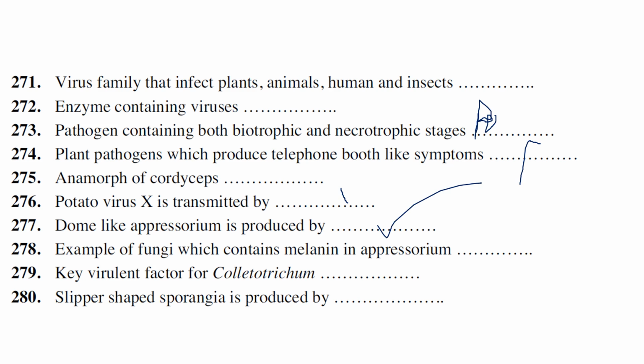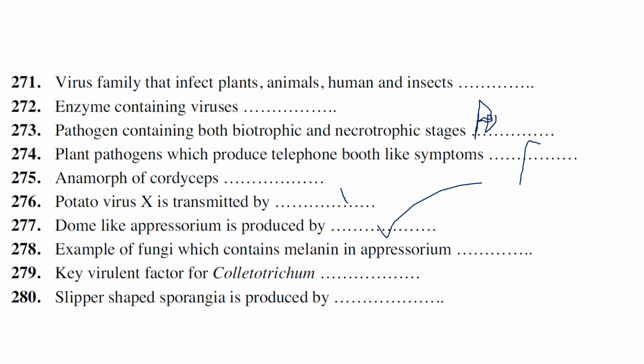Examples of fungi which contain melanin in their appressoria: again rice blast, Verticillium, Cochliobolus, Alternaria. Based on the options we might choose, but rice blast is highly famous, and Cochliobolus, also generally Bipolaris.